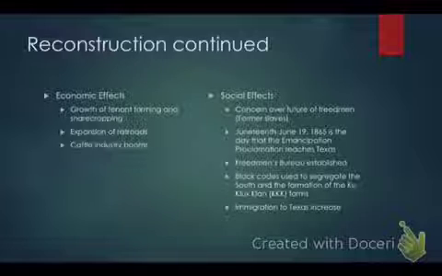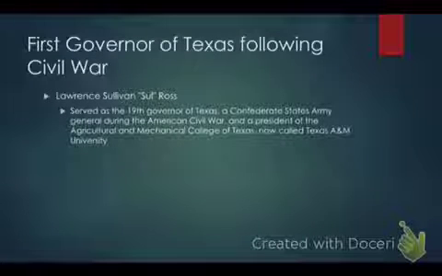Then we get the formation of the Ku Klux Klan, or the KKK, which is a very dark history in the United States, where a lot of white people murdered African Americans just because of their race. And then immigration to Texas continues to increase.